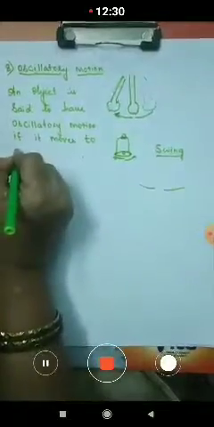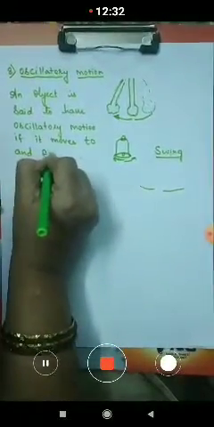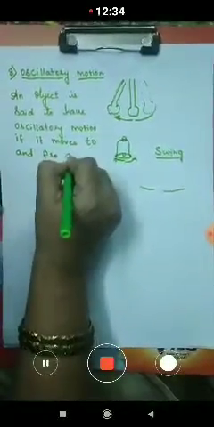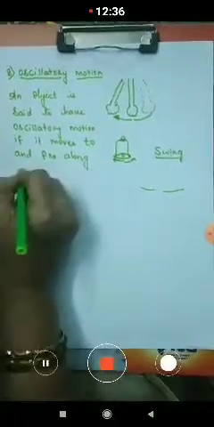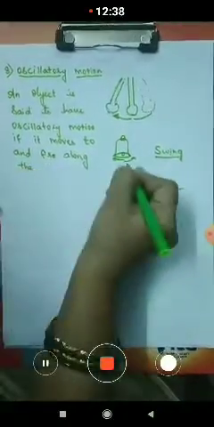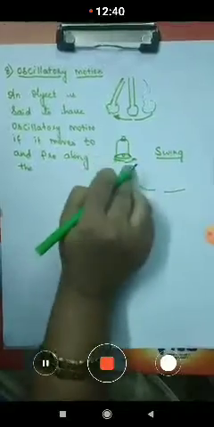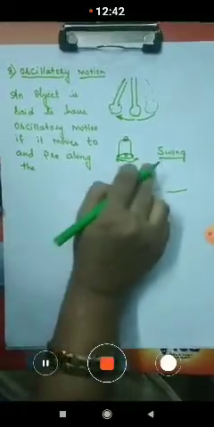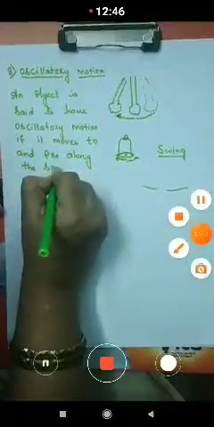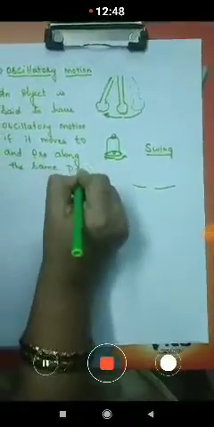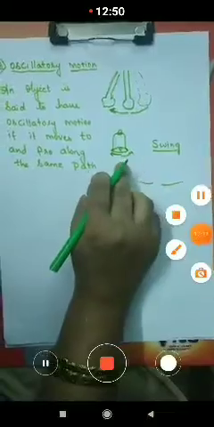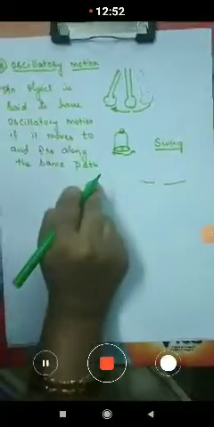So this is called to and this is fro. To and fro along the same path. It is moving in the same path, children. It did not change the direction of its path. So this type of motion is called oscillatory motion.